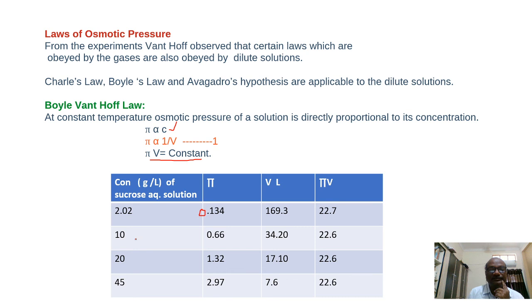When 10 grams of sucrose is present in 1 liter, osmotic pressure is 0.66, increasing; volume becomes 34.20 and pi V becomes 22.6. Similarly for 20 grams, pi is 1.32, V is 17.10. So we get pi V constant at a given temperature. This is called Boyle's-Van't Hoff law.